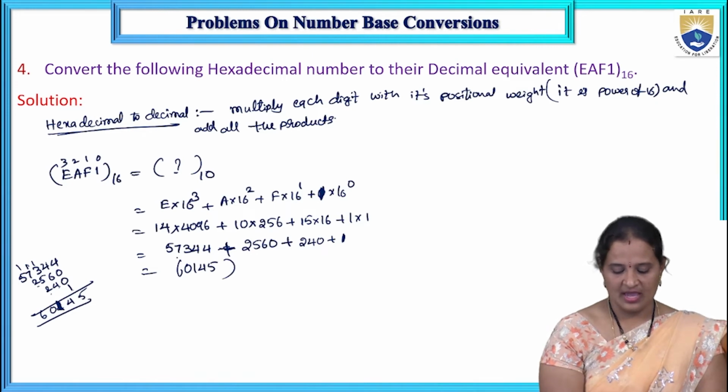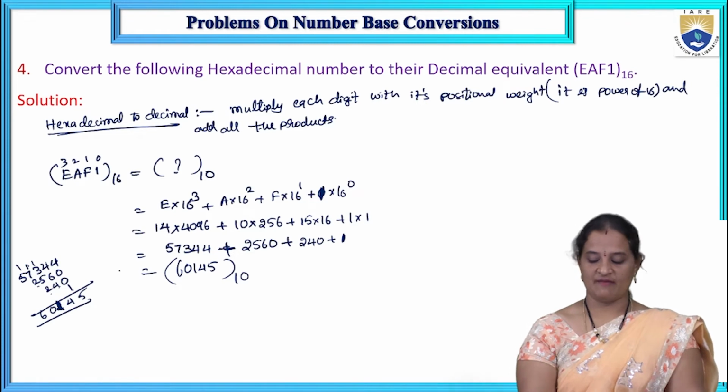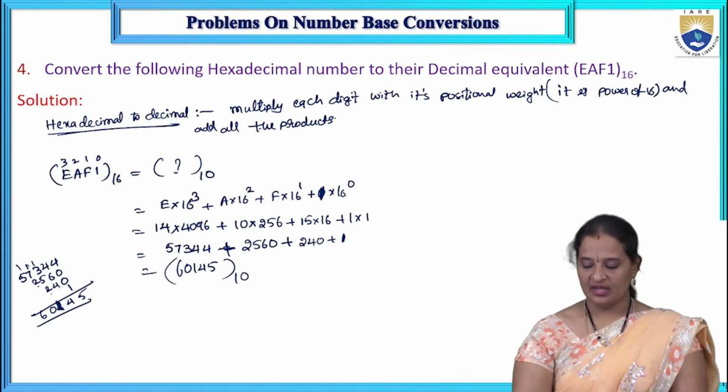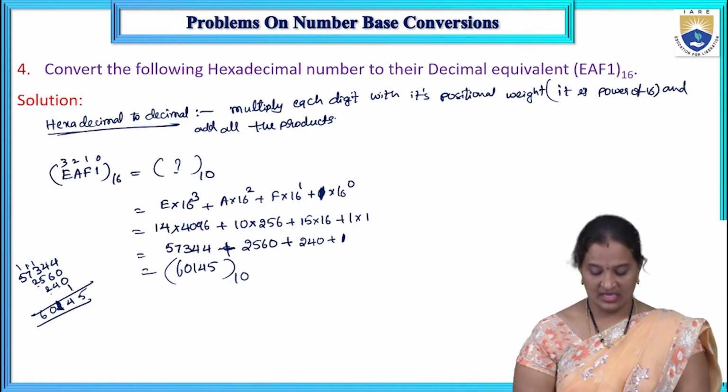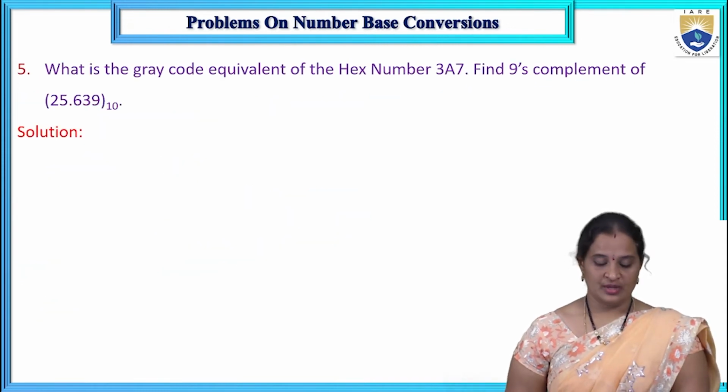So this is the answer, which is nothing but the decimal equivalent of EAF1. This is how you can convert a given hexadecimal number into decimal.